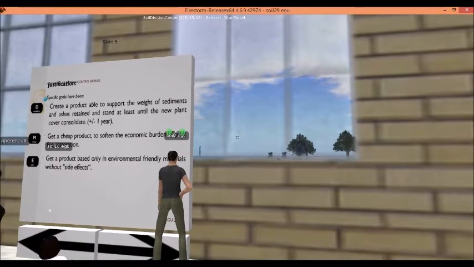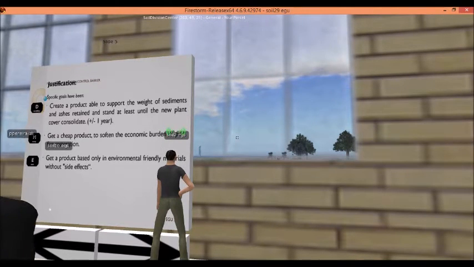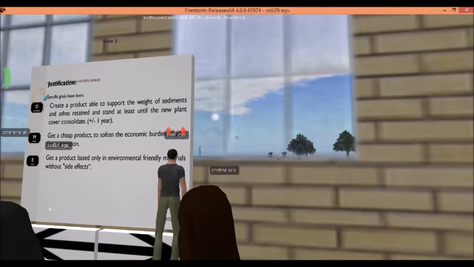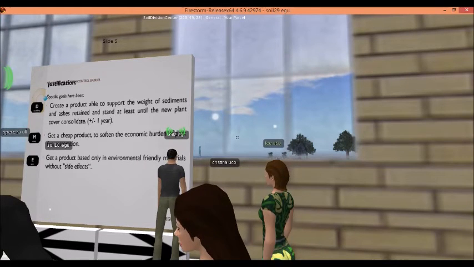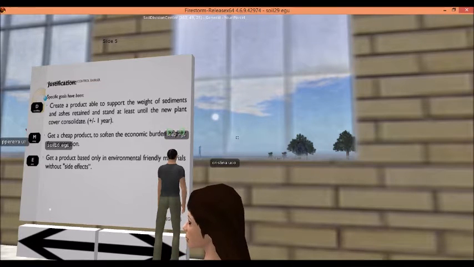And other specific goals have been to create a product able to support the weight of sediment and ashes retained and stand at least until the new plant cover consolidates, to get a cheap product to soften the economic burden of fire restoration, and to get a product based in environmental areas without side effects.